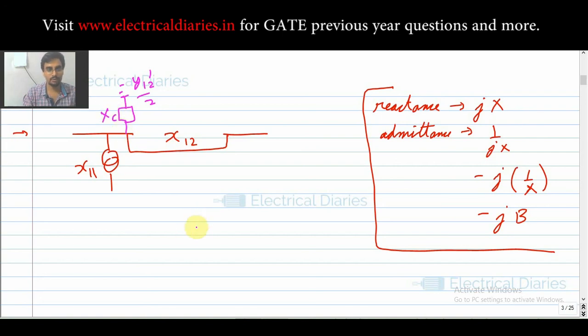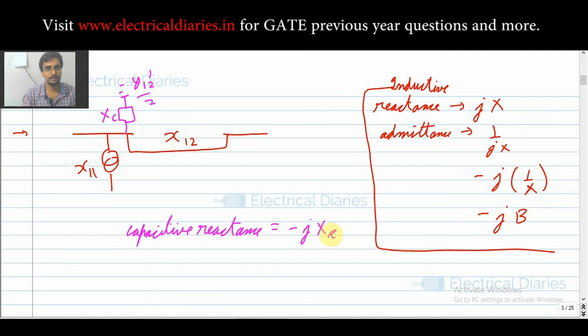So I hope you know that your capacitive reactance is written as minus jxc. To avoid confusion in the discussion, I'm writing this way: inductive reactance is jx. Your inductive reactance is given as plus jx and your capacitive reactance is given as minus jxc, and where xc is what?